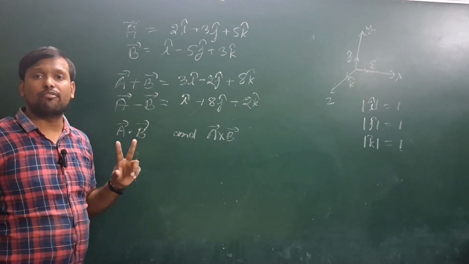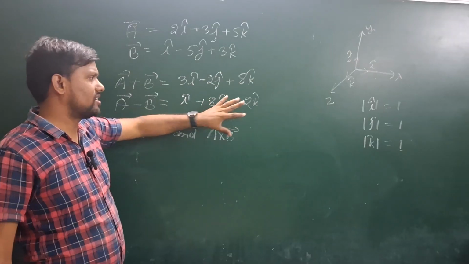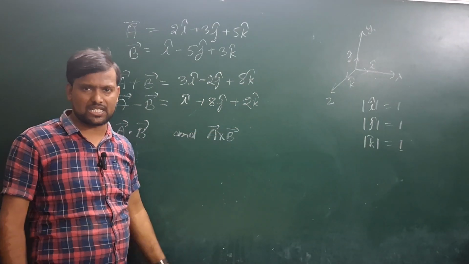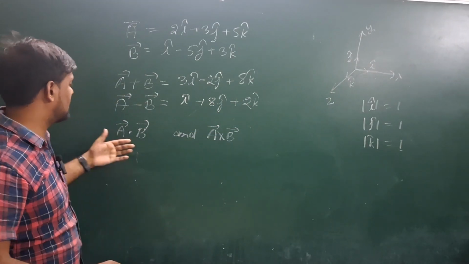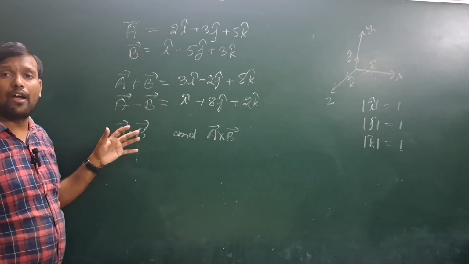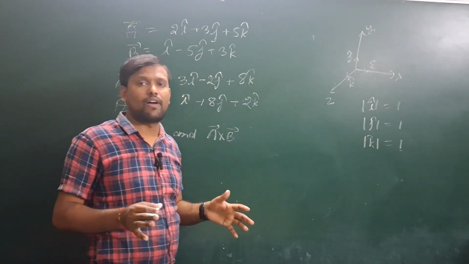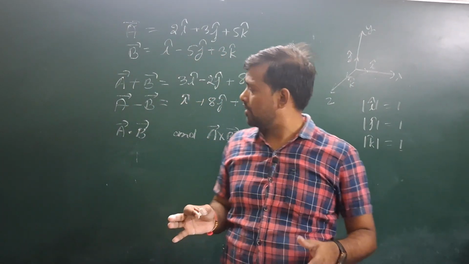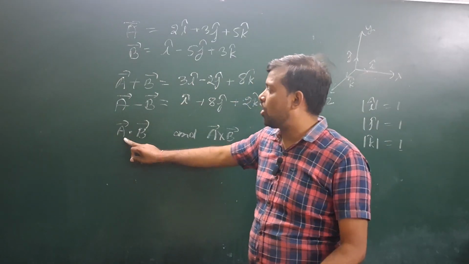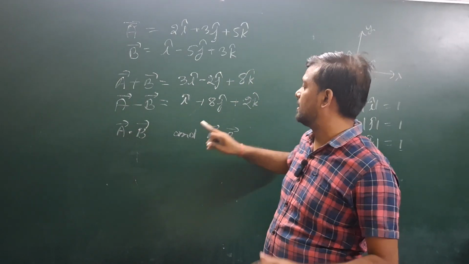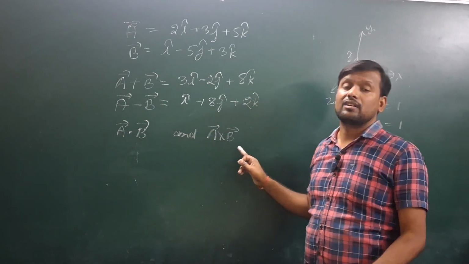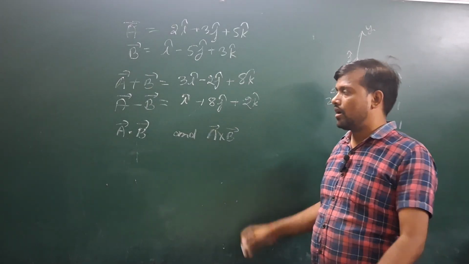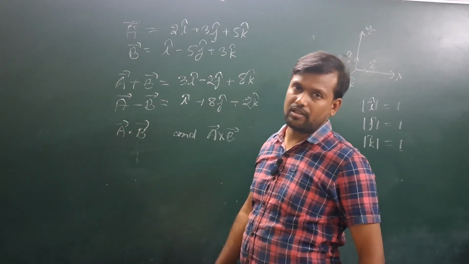Addition and subtraction are similar to algebraic expressions. But in the product, we have two ways to define the product of vector quantities. First is the dot product, known as the scalar product, and the cross product, known as the vector product. Both are different from each other.